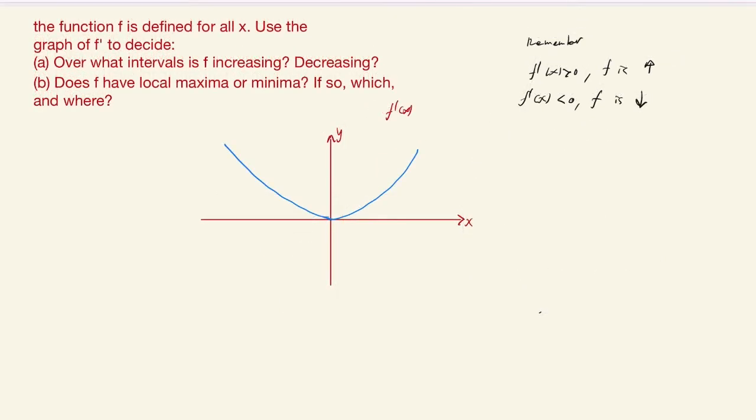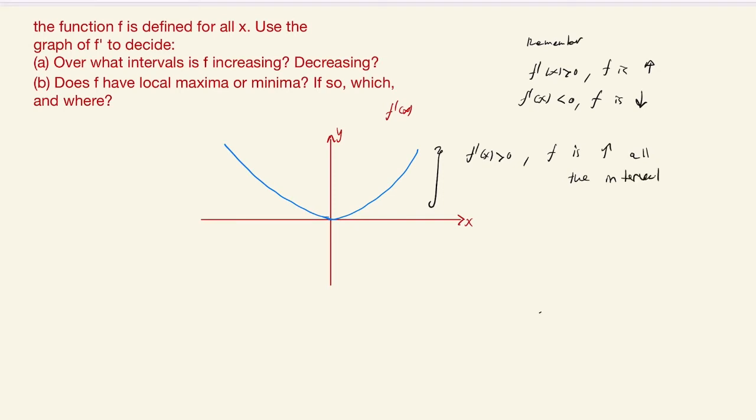Now for this function, again, this is f prime of x. Remember, when the derivative is positive, f is increasing, and when the derivative is negative, f is decreasing. If it's above the x-axis, then f prime of x is positive, which means the function is increasing over that interval.